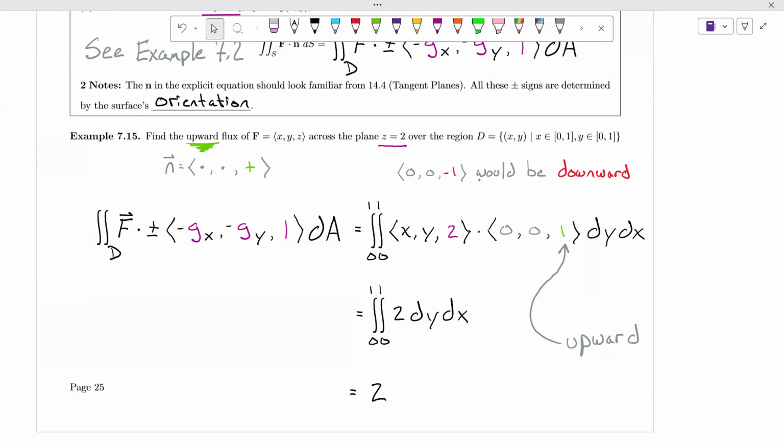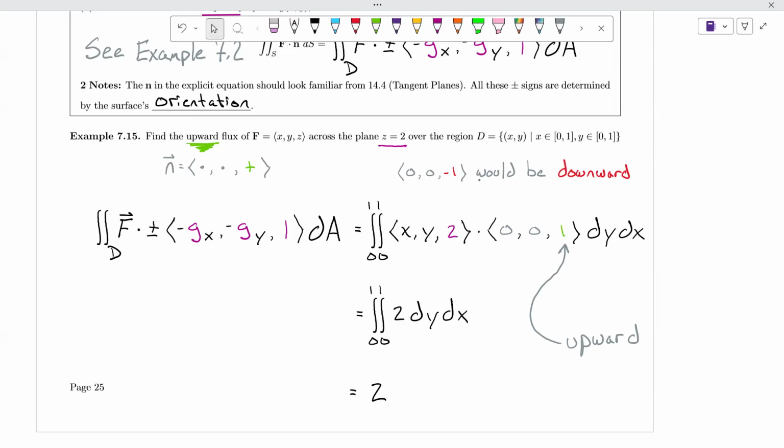In particular, if my plane is just z equals 2, I have two options for the normal vector, either 0, 0, 1 or 0, 0, negative 1. But I could still plug in those partial derivatives in order to find gx and gy. Partial x of 2 is 0, partial y of 2 is 0. And of course, we get just 1 for the third component.